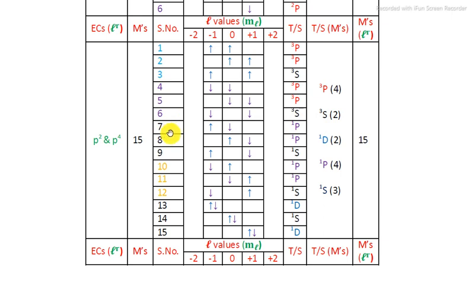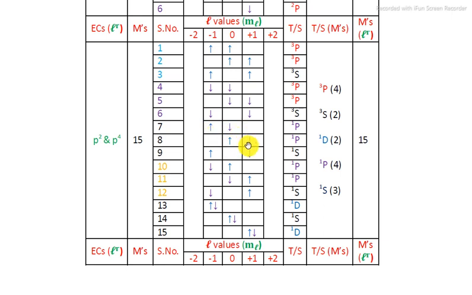Microstate from 7 to 12. Here 6 microstates are there, 3 of one type and 3 of another type. In 7, 8, 9, out of 2 electrons, first electron is positive spin and the second electron is negative spin.